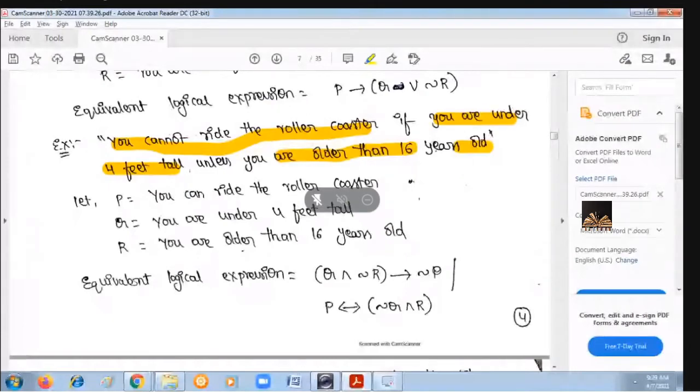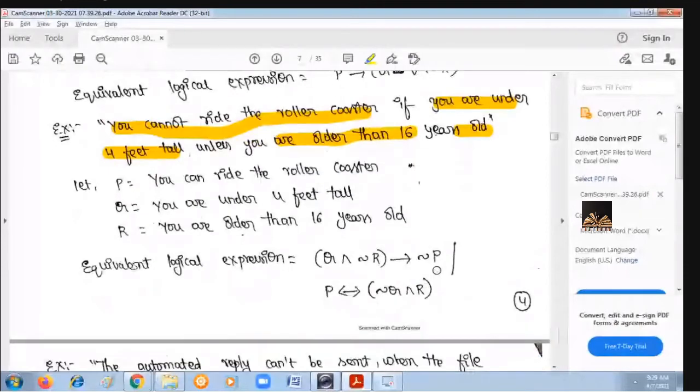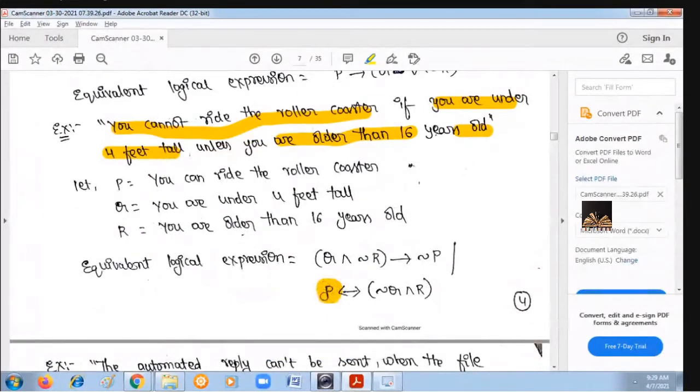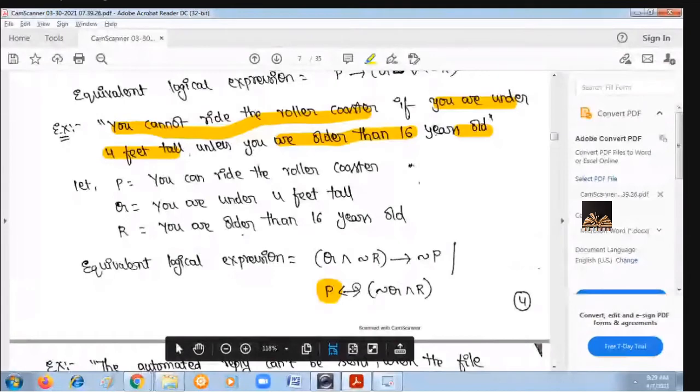The same statement I can write in another way. You can ride the roller coaster if and only if. What are the two conditions to be satisfied? If and only if means it is a biconditional statement.